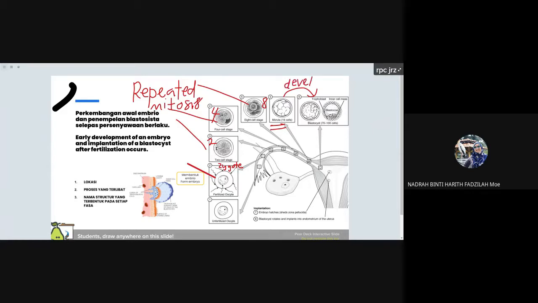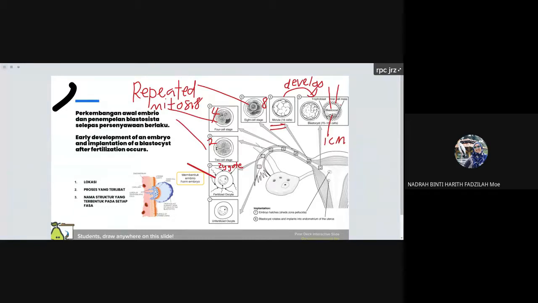So the morula is now a ball of cell, but it starts to rearrange itself to form satu layer dekat luar ni. Dekat bahagian blastocell ni ada fluid, and then kawasan ni kita panggil sebagai ICM atau inner cell mass. Ada label dekat atas tu ya.